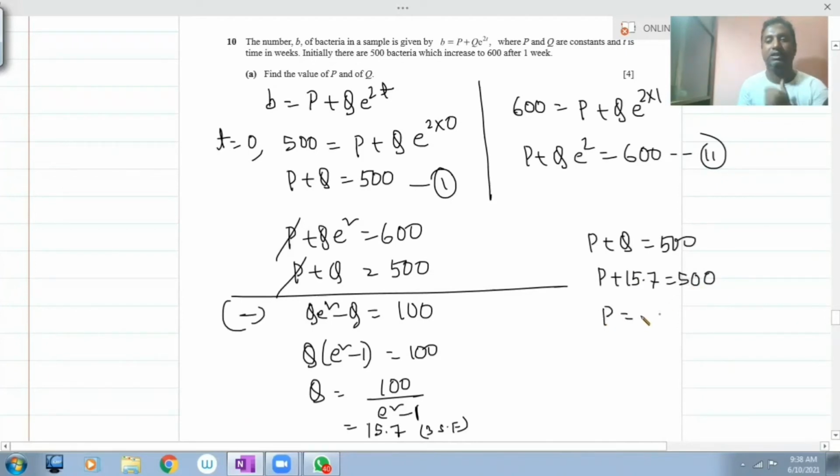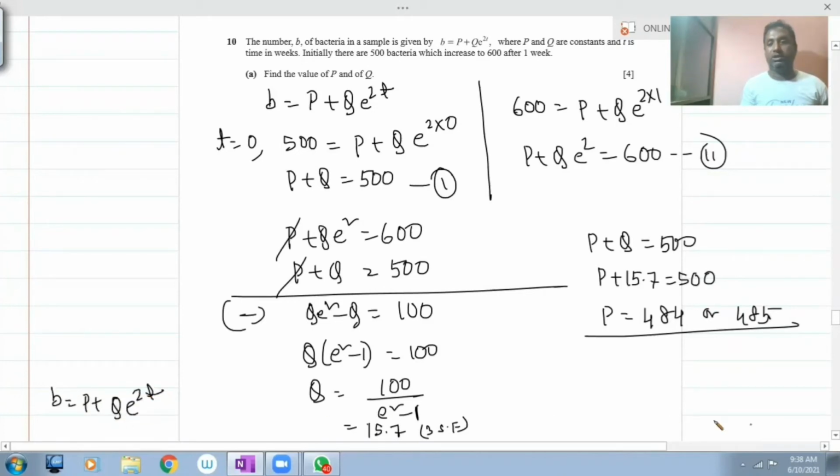If you simplify this, the number of bacteria will be 484, or you can write 485, either one. Both are correct according to the mark scheme. So these are the values of P and Q.